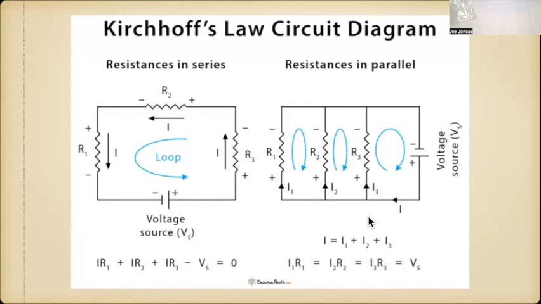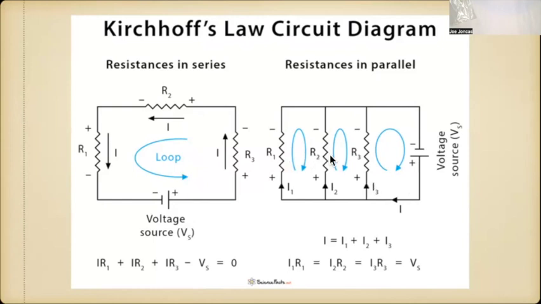So anyway, the next one is resistors that are in parallel. I wish they had, instead of going like this, they had gone like this, because that's actually what the current is doing. And then with this one, it's going like this. And then this one, it's going like that. So I, which is right here at this point, is I1 plus I2 plus I3.